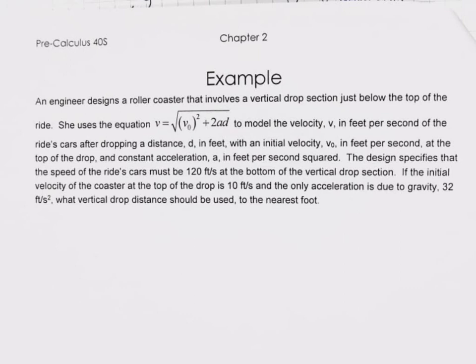So V is the velocity after the dropping distance. Dropping distance is d. The initial velocity is how fast it's going when it starts. That makes sense to everybody, initial velocity. And then A is acceleration. Okay? This is physics, very physics with a lot less steps.